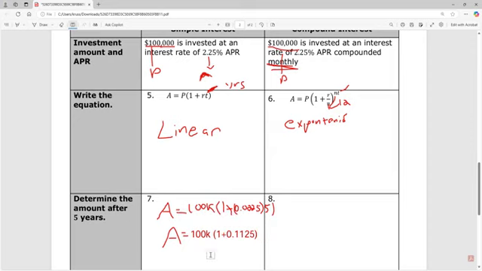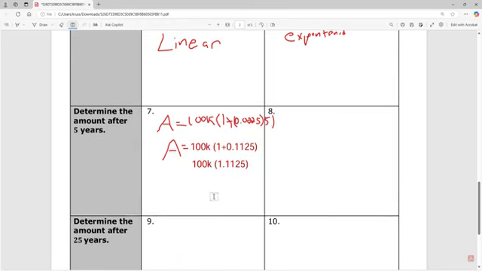Right, so that's going to be equal to $100,000 times 1.1125, and that equals $111,250.